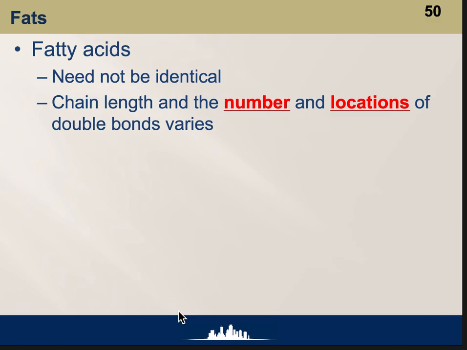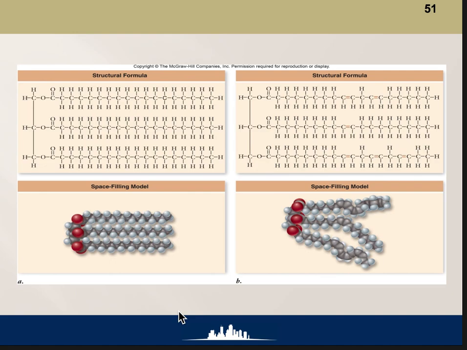These fatty acids don't need to be identical, and the chain length, number, and locations of the double bonds will vary. This is going to be really important for us to understand, because here on the left, we will start to see the difference between a saturated and an unsaturated fat. A saturated fat doesn't have any double bonds, and the carbon chains are laid very straight and flat on top of each other.